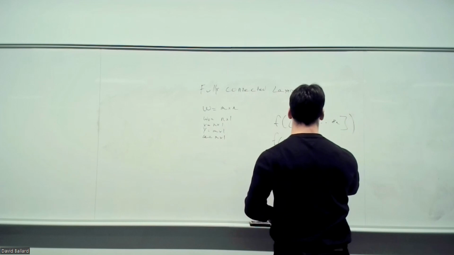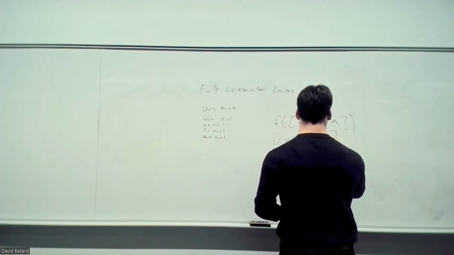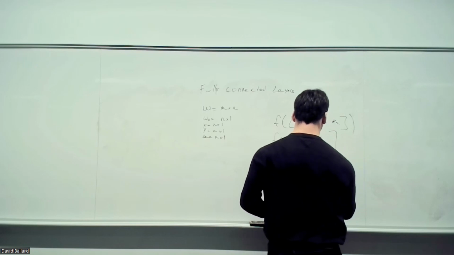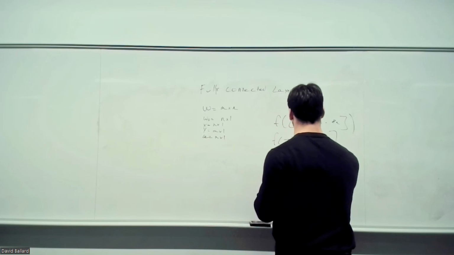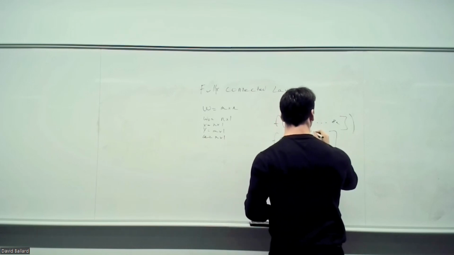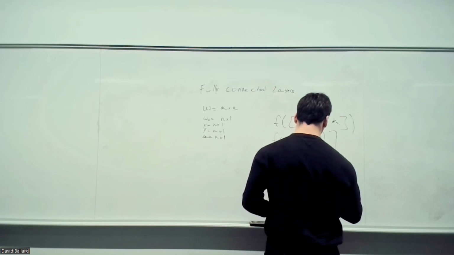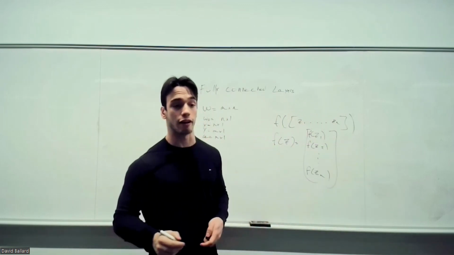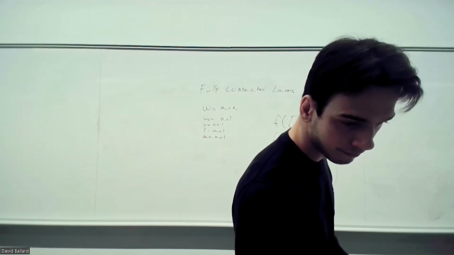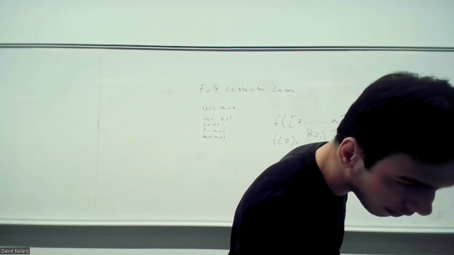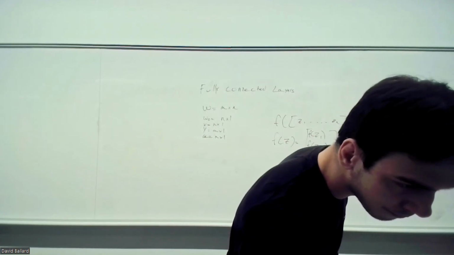Think of z as a column vector with z1, z2, ..., zn. Then f of z is going to equal f of z1, f of z2, ..., f of zn. So that's how we're applying f. Our activation function is applied element-wise.